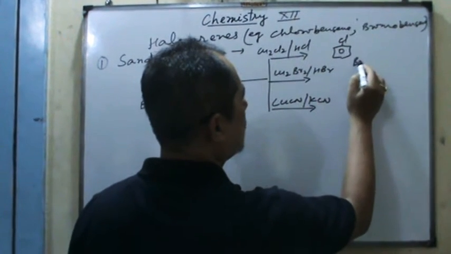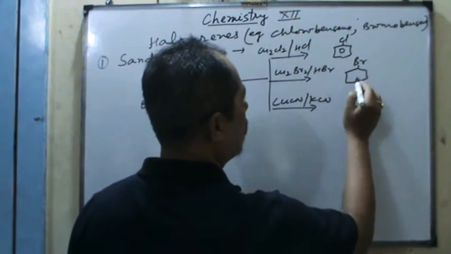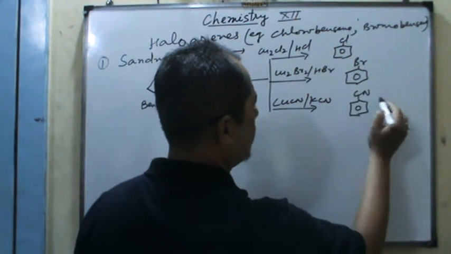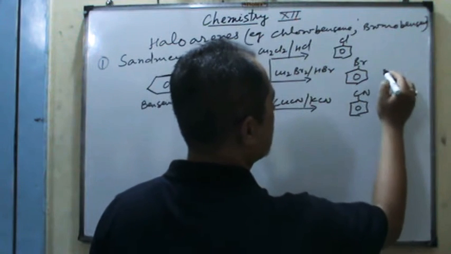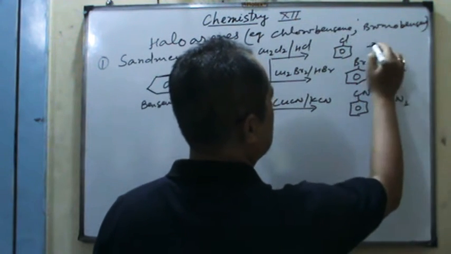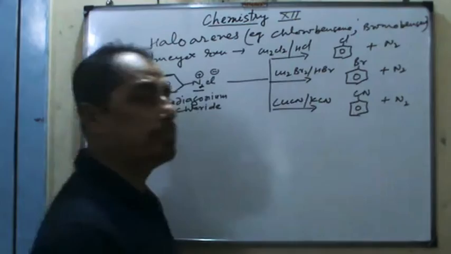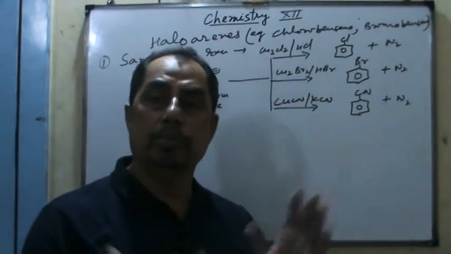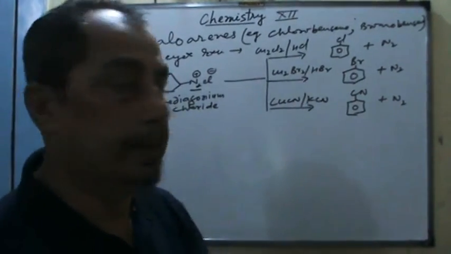Once you take HBr, it is bromobenzene. Once you take cyanide, it is cyanobenzene. In all cases, N2 gas is liberated. So this is a very easy method to get chlorobenzene, bromobenzene and cyanobenzene.